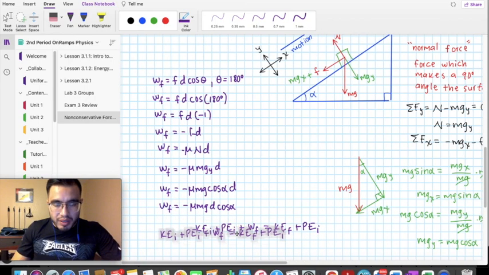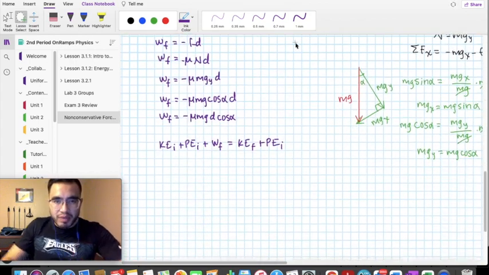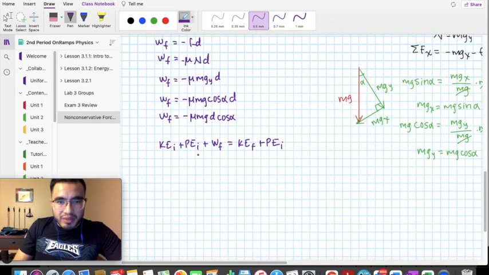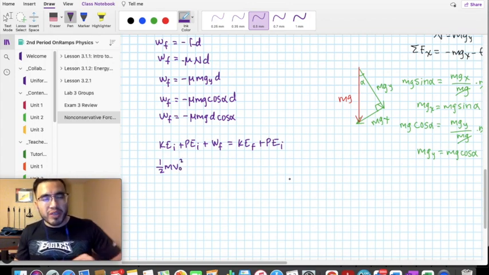Okay. Because we have to find the final velocity, right? And we'll see how the final velocity will be expressed here. So we know that the equation for kinetic energy is 1/2 mass times velocity squared. So it's initial kinetic energy, so it'll be initial velocity squared. Now, do we have potential energy?